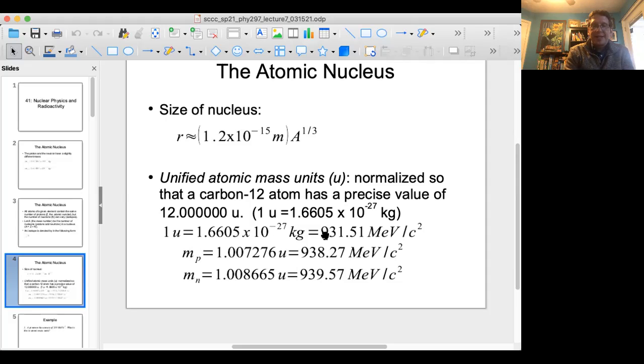And then you convert to mega electron volts by dividing by 1.602 times 10 to the negative 13, rather than 10 to the negative 19, to get the energy in mega electron volts.